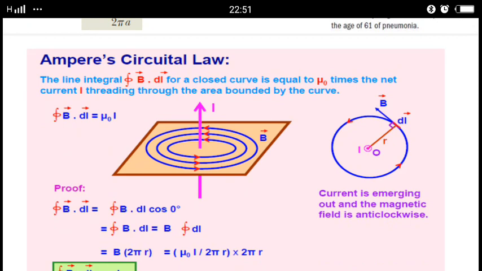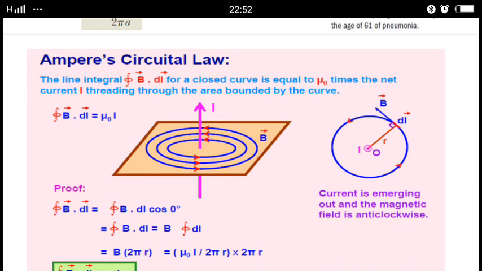So all the line elements dl of the circle are directed along B. B dot dl is B dl cos theta. As the magnetic field is in the same direction, cos theta is cos 0, that is 1.